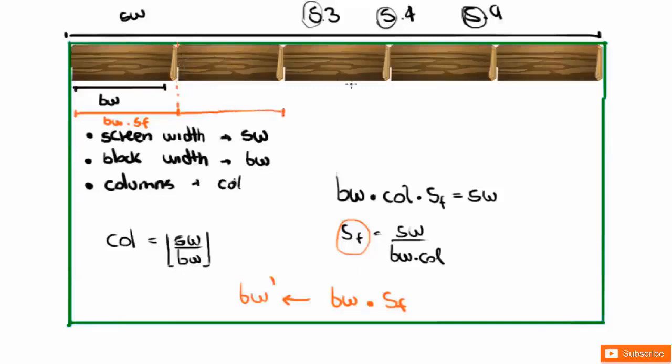And if we do this 5 times, or the number of columns, we're going to end up having the last block ending at SW, which is here, and SW is of course the screen width. So this is our little golden equation, let's say, for having this nice behavior.